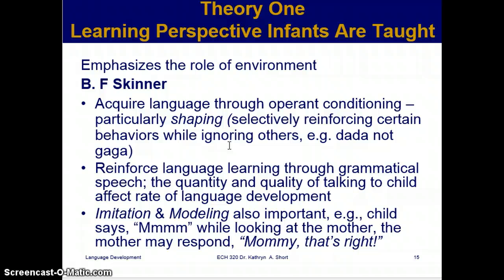So example, child says "Mommy," while looking at the mother. The mother may respond, "Mommy, that's right." Do you get that? So imitation and modeling. The child will imitate what the mother has said.